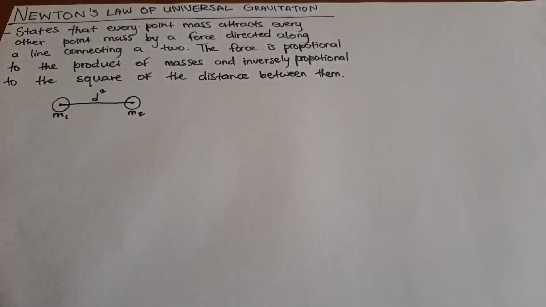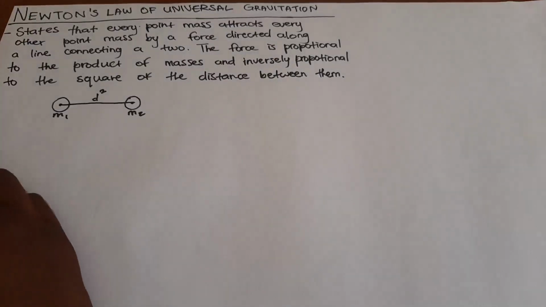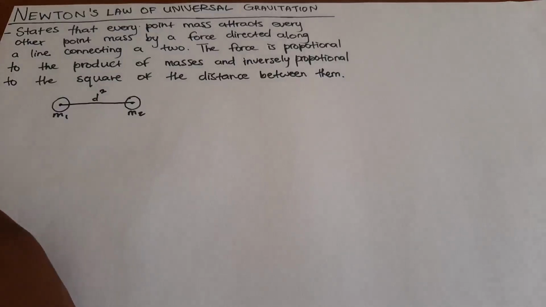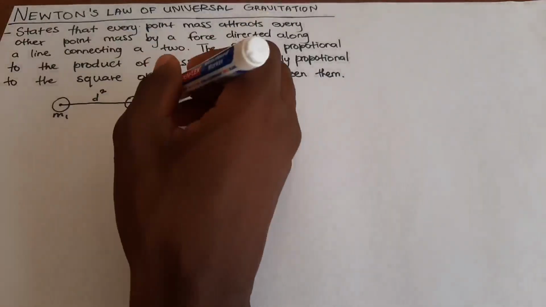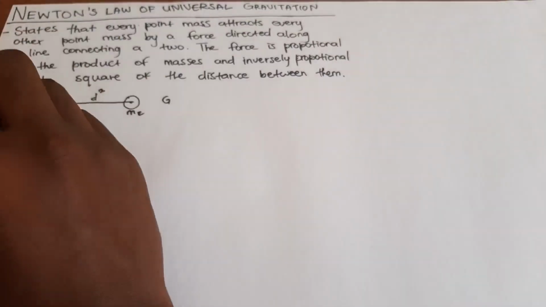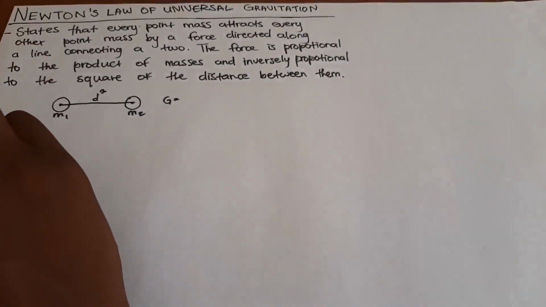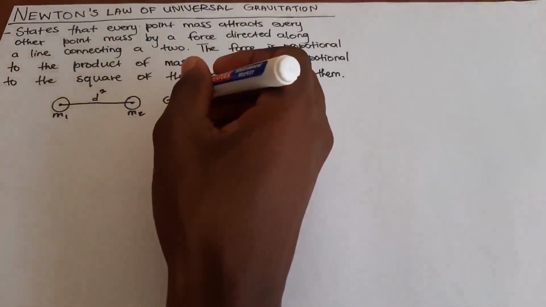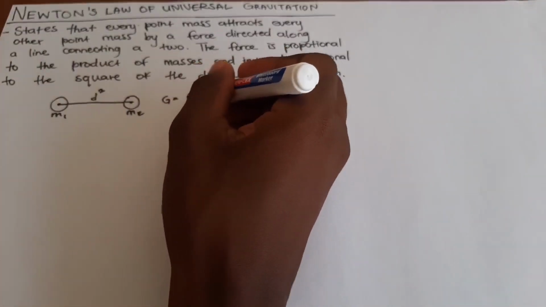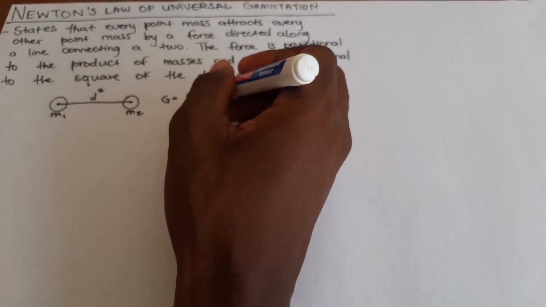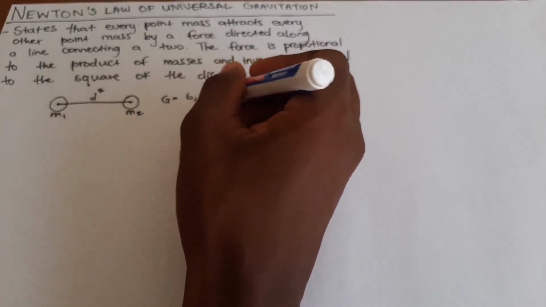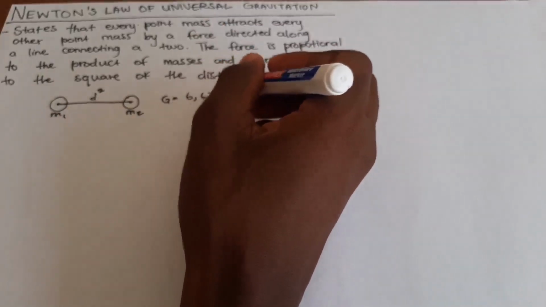You also have the gravitational constant, which is equal to 6.67 multiplied by 10 to the power of negative 11.